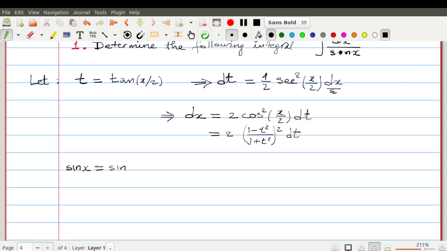So it's sine 2 into x by 2. If I cancel out the 2, it's still this. So sine 2 angle will be equal to 2 times sine and cosine of half angle. So that is 2 times sine of the angle, which is x by 2, into cosine of the same angle, x by 2.